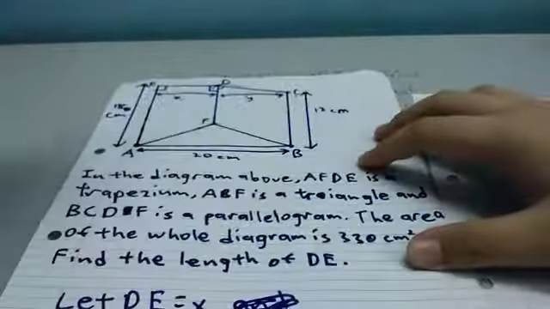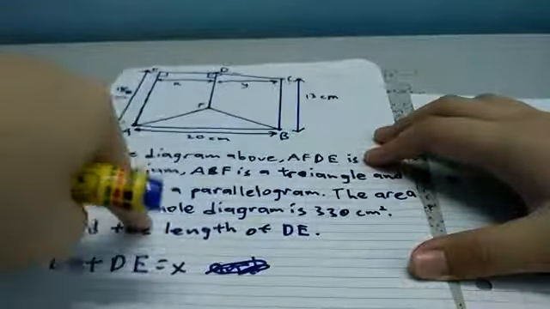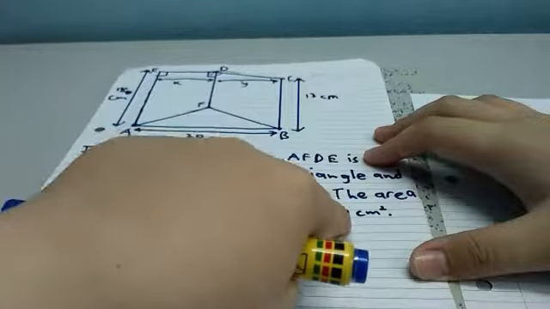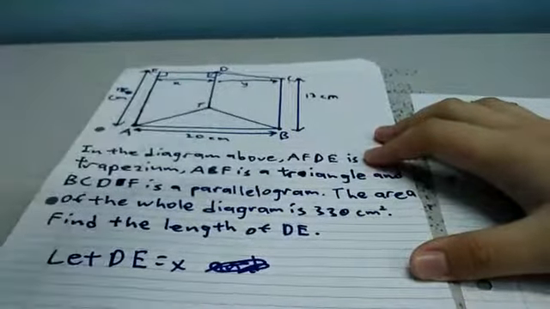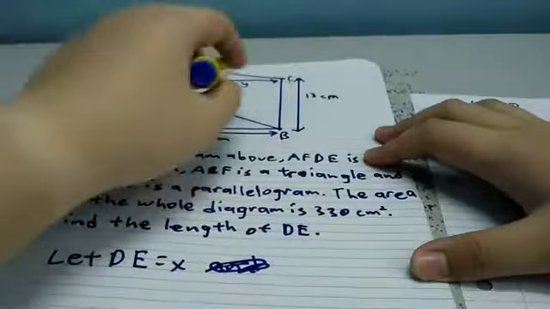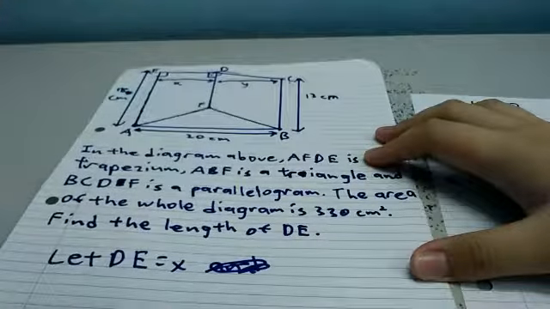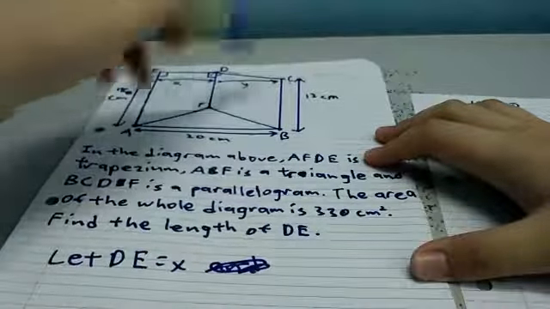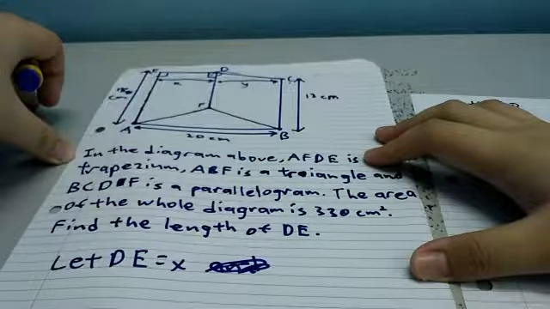And the second equation is on this sentence. The area of the whole diagram is 330 centimeters square, which means the whole area here is 330 centimeters square. The length of 13 can be the height of the parallelogram, and the length of X can be the height of the trapezium.